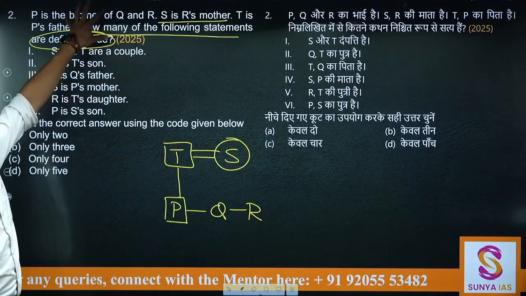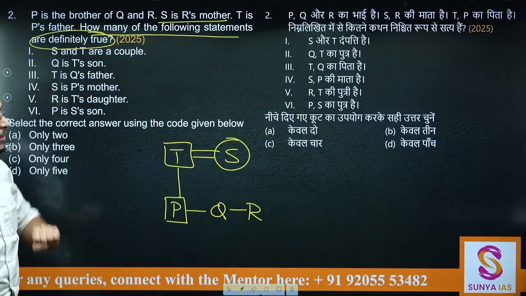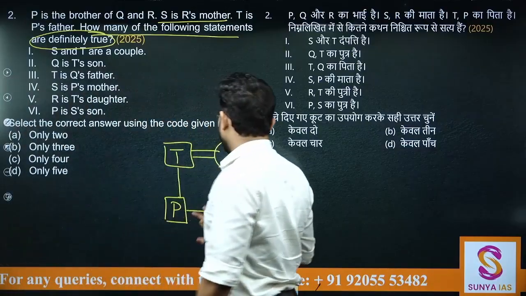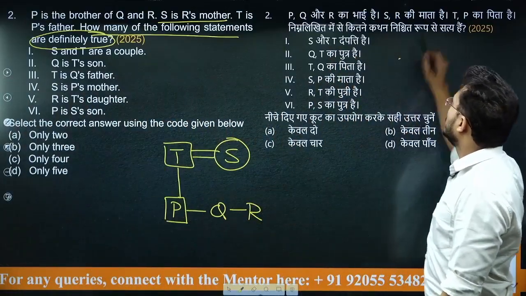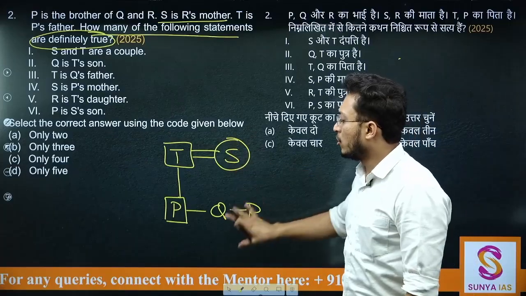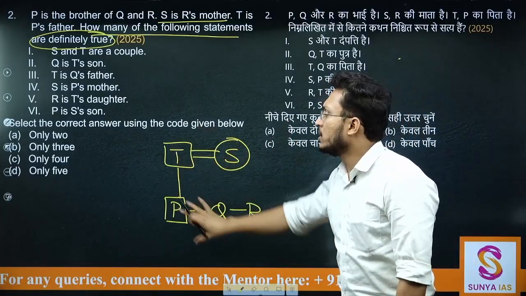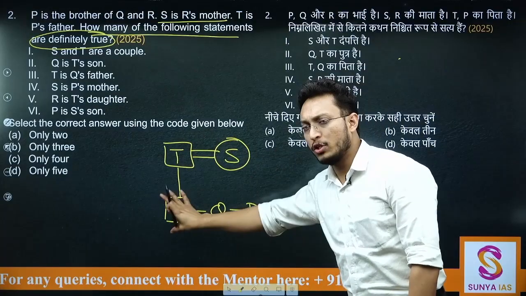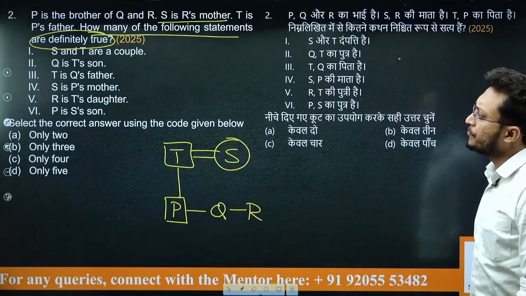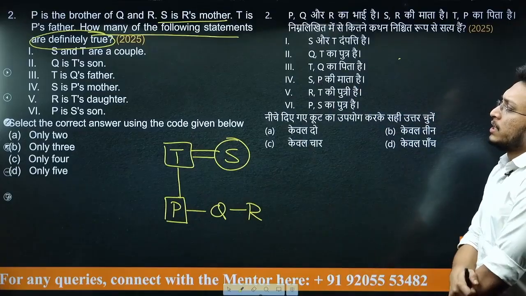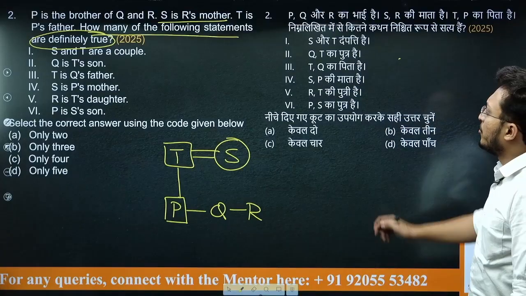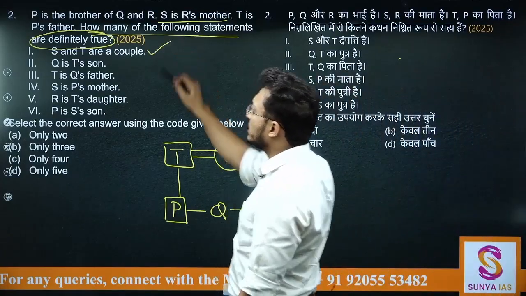This is what we can derive from the given information: P is the brother of Q and R, S is the mother of R, and T is the father of P, and these two will be married, because we are talking about these three being siblings. Now the statement says T and S are couples, yes, this is correct.